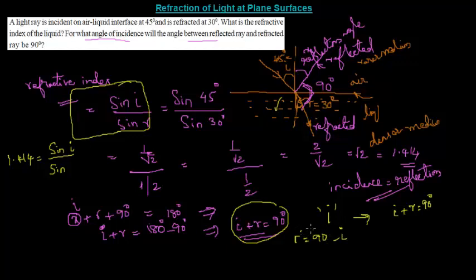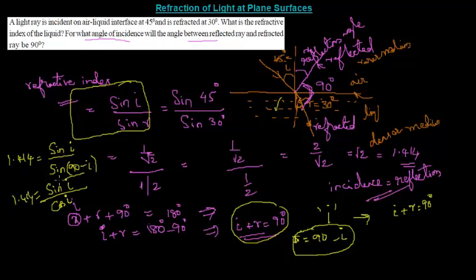So, I will be using this here. Instead of R, I am writing 90 minus I. So, we know that sine of 90 minus theta is cos theta. So, sin I by cos I is equal to 1.414.